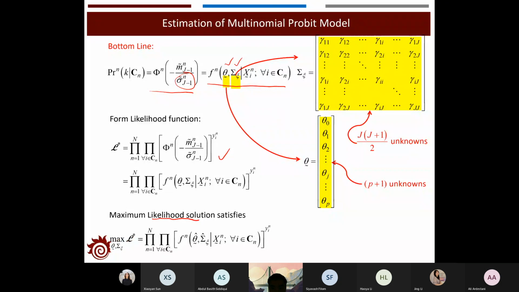However, the difficulty here is that it's different from the logit model, which has closed form equations. For the probability model, as f follows the normal distribution, it's usually not easy for us to do the differentiation for the f function.